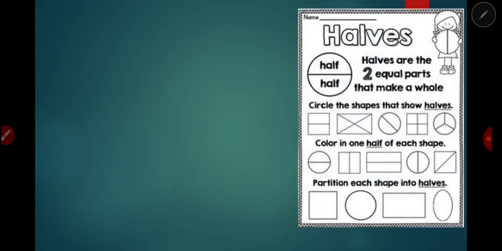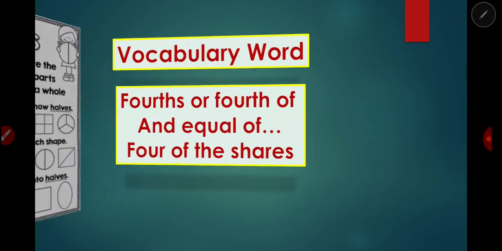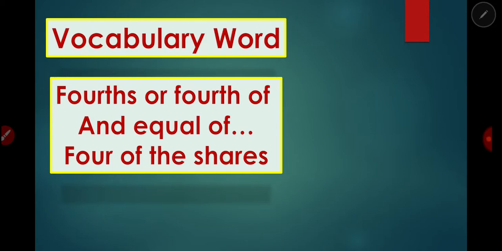Another one is that this example and this example, this one, and you can even help me how to circle. To partition it, it's easy. It's just like this one, right? Okay, very good. Another one, we have this fourths or fourth of, or you can say 4 of the shares.